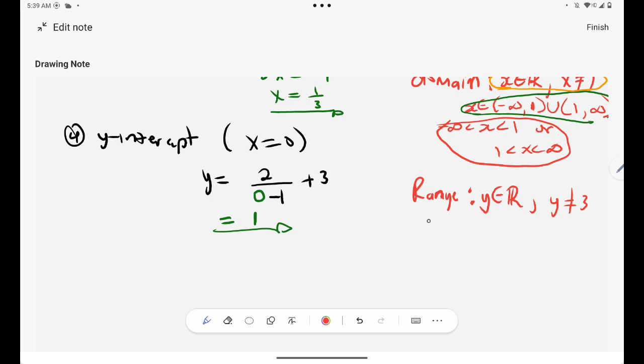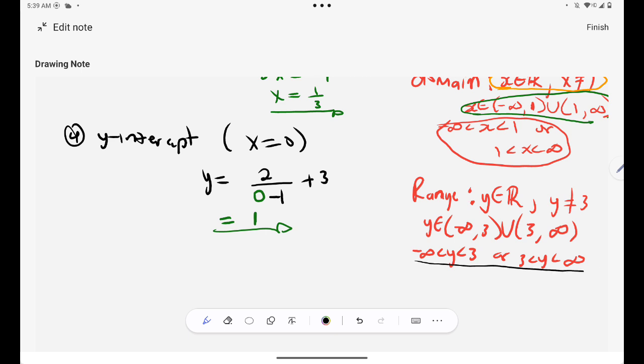Others can prefer to write it as y is an element of negative infinity to 3, or 3 to positive infinity. Others will just say y is between negative infinity and 3, or y is between 3 and infinity.